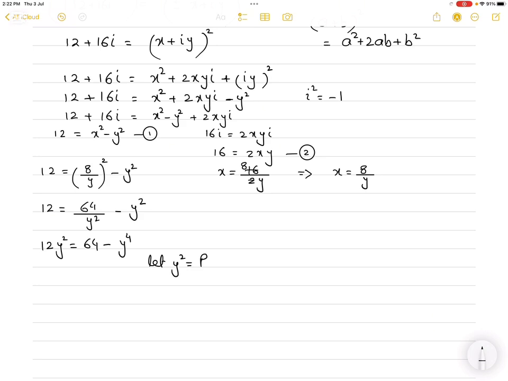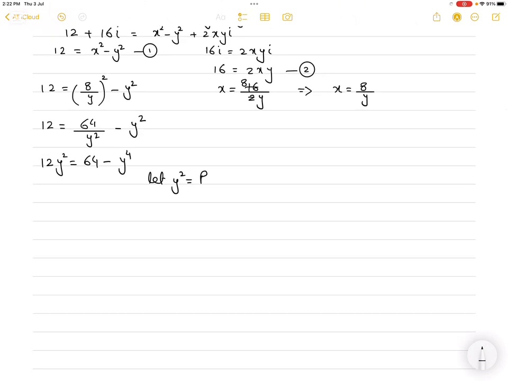So what I'm going to write now: 12p equals 64 minus p squared. Now bring minus p squared to the left side, so it becomes positive p squared plus 12p minus 64 equals 0. Now it purely becomes a quadratic equation.